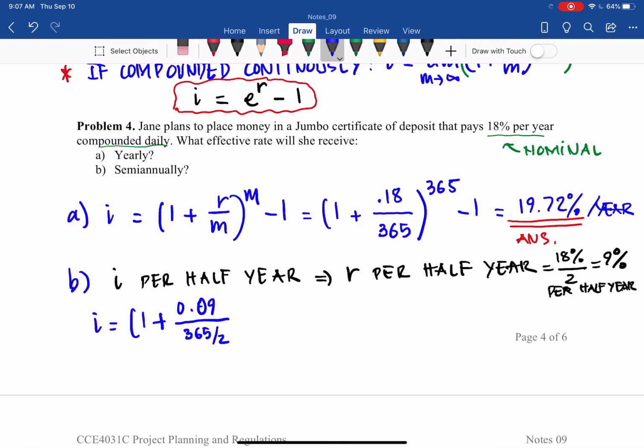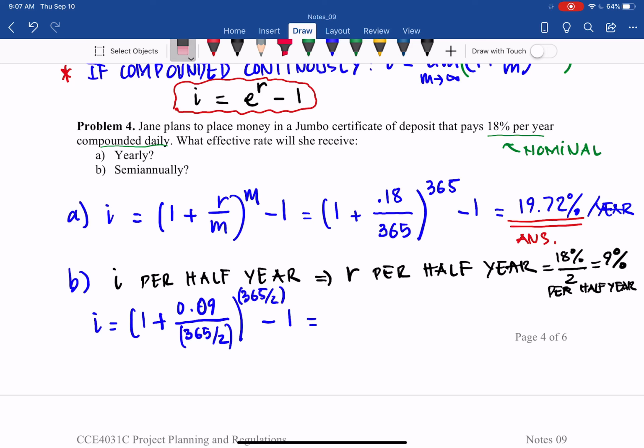And you can see that because half year is 365 divided by 2. You can round it to 180 days, or 365 divided by 2. Bottom line, that should give approximately the same answer. So half year is 180 days, but technically a little bit more, 183.5.